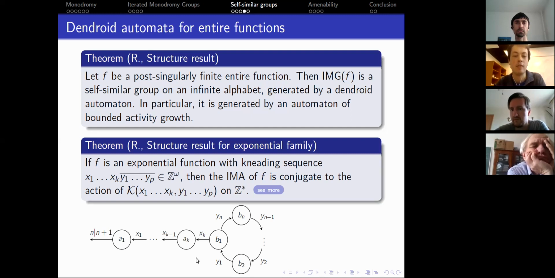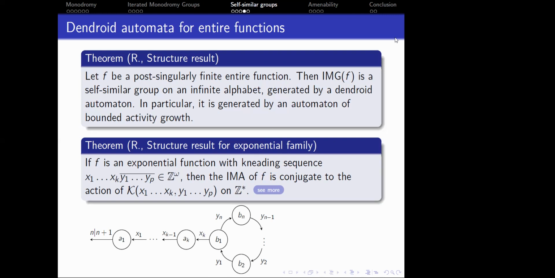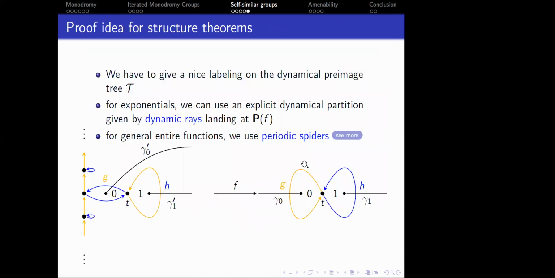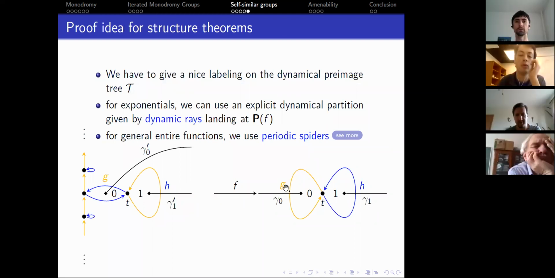Something I didn't emphasize here too much, but it's actually hidden under the rug: if you want to do algebraic computations and algebraic models, you're not directly using IMGs, but you use the language of bisets.